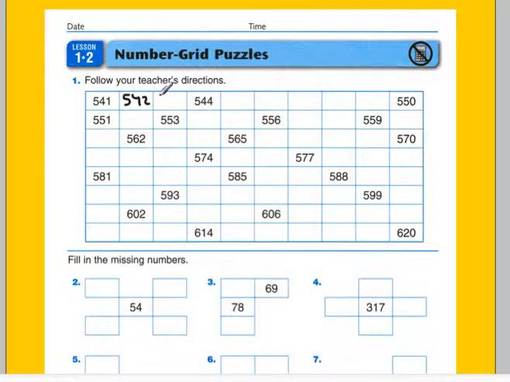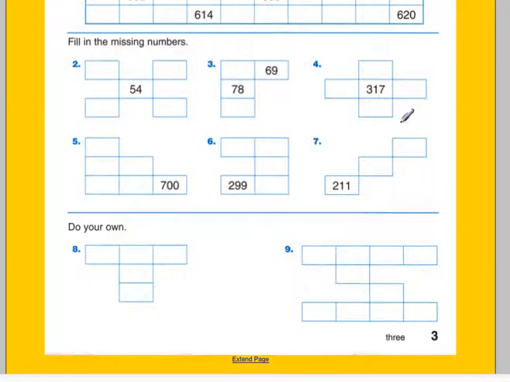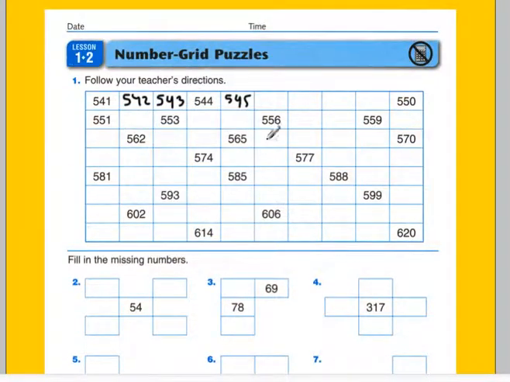And the next one would be, hopefully you thought 543. Here's 544. Now we have 545. All right? I could continue to go on, and if you would like to do this in your math journal, this is page 3, you are more than willing to do that, to fill out this chart if you feel like you need some more practice.